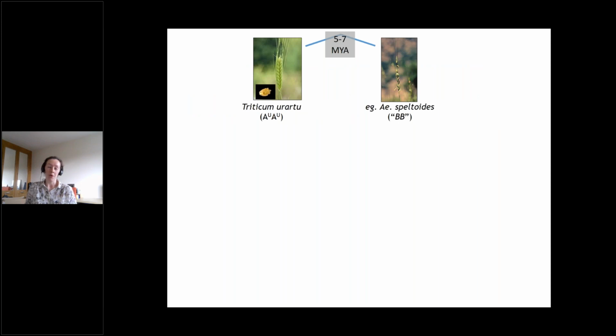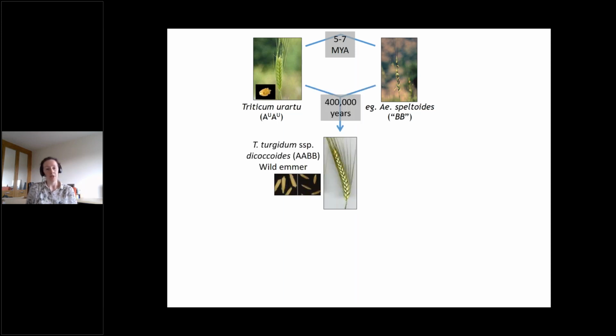Wheat became a polyploid through its evolutionary history by first a hybridization event between the A genome progenitor Triticum urartu and the B genome progenitor, which is currently thought to be extinct, but something similar to Aegilops speltoides. This hybridization event took place about 400,000 years ago to make tetraploid wild emmer.